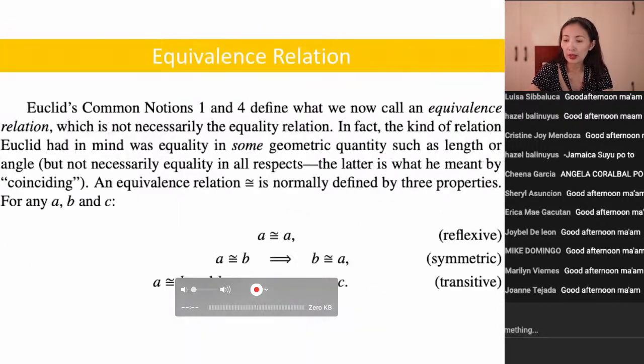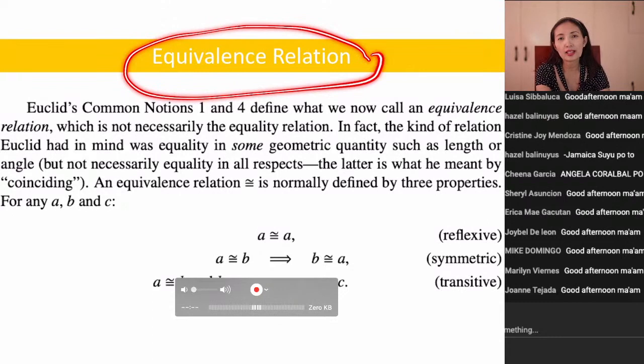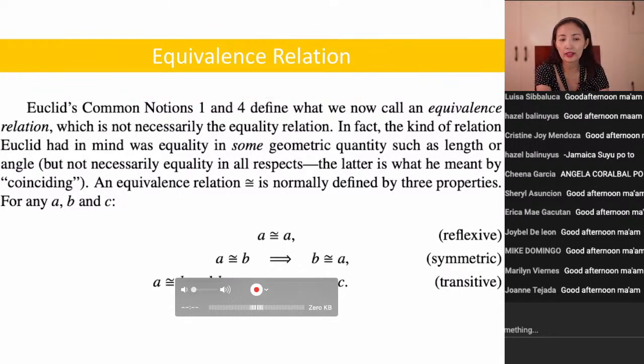Now, the common notions of Euclid are in fact related to our current concept of equivalence relation. If you have encountered equivalence relation in your previous math subject, an equivalence relation is a relation that satisfies 3 conditions or 3 properties.